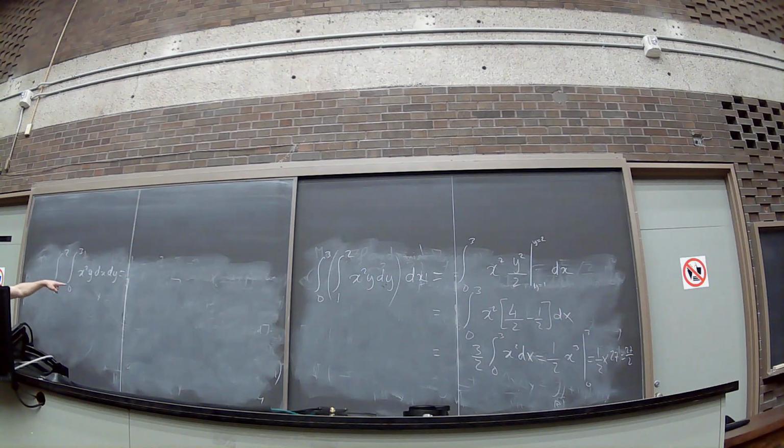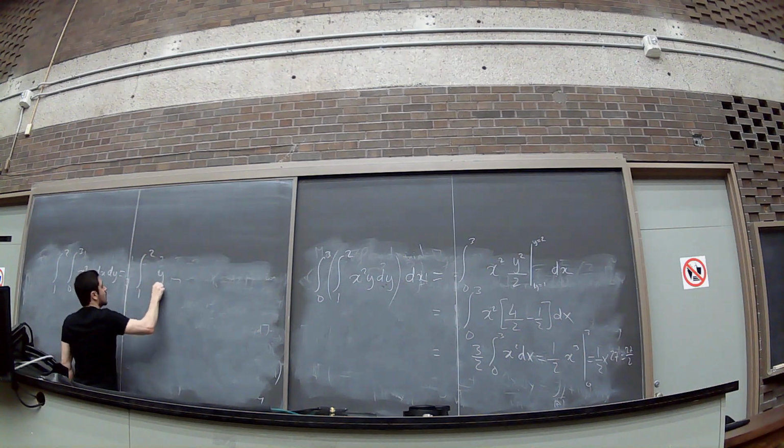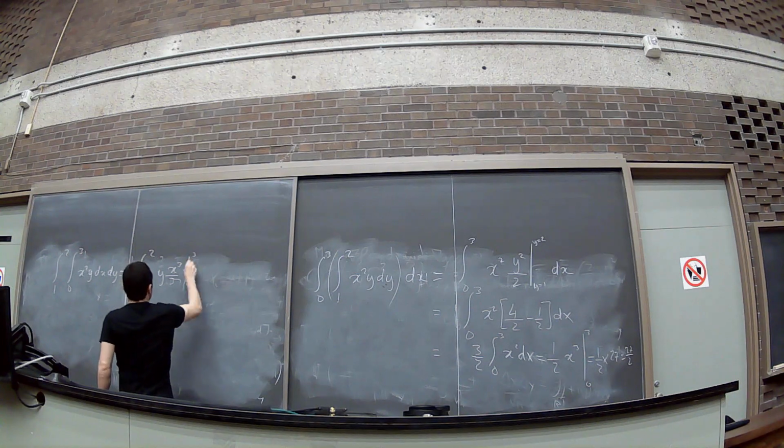How do I integrate this? In the first integral, what is fixed and what is a variable? X is a variable and y is fixed. How do I integrate x squared y from 0 to 3? It is y times x cubed over 3 from 0 to 3, and then I have dy.